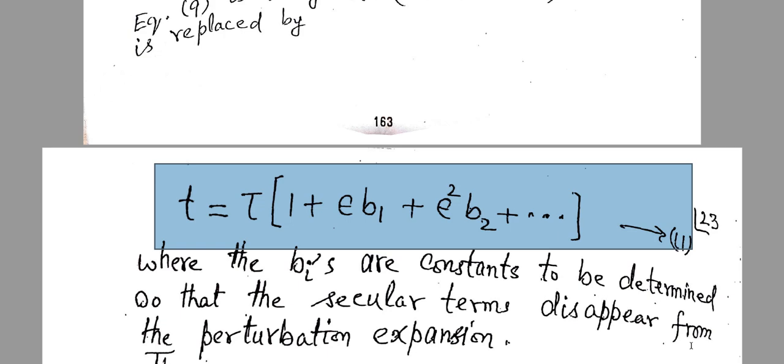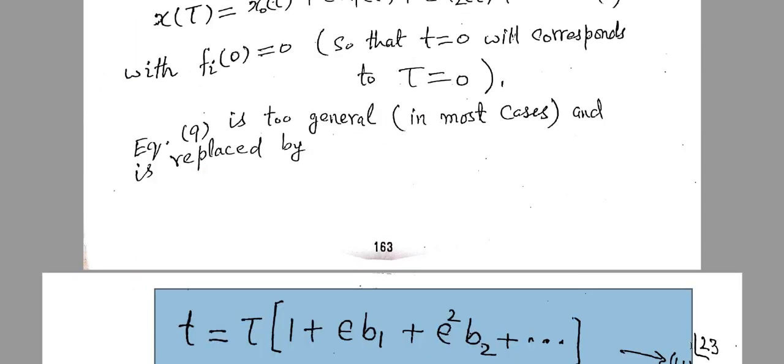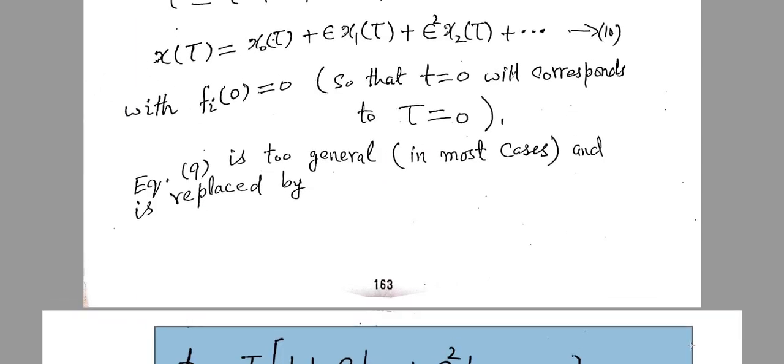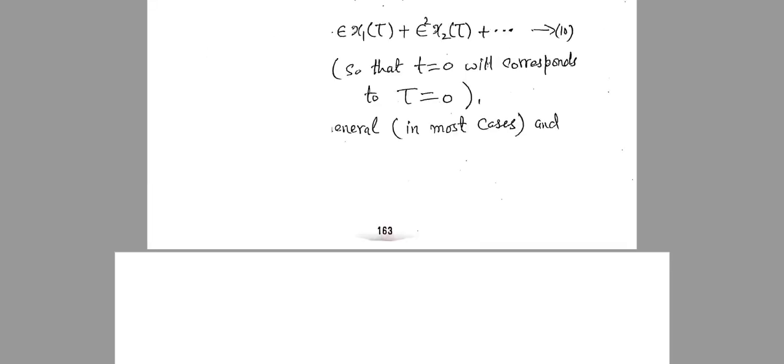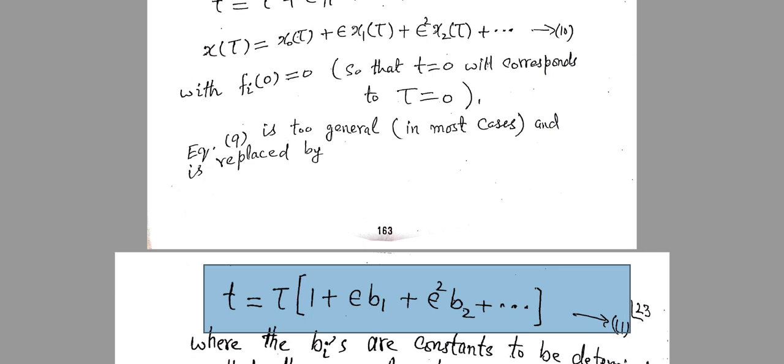So now our work, as you can see from here, is that we have to apply the perturbation expansion on x of t, the dependent variable, which is given in equation number 10 over here.